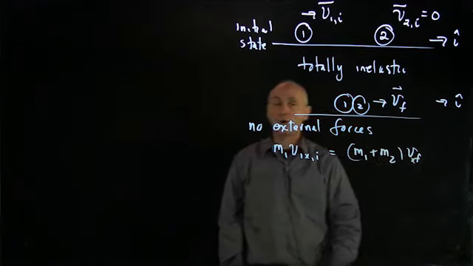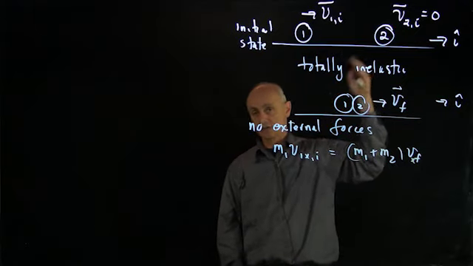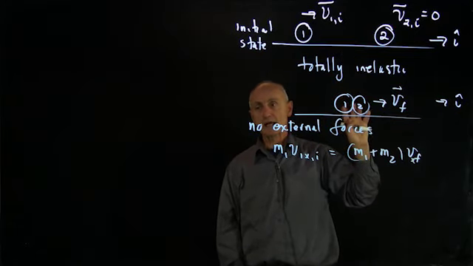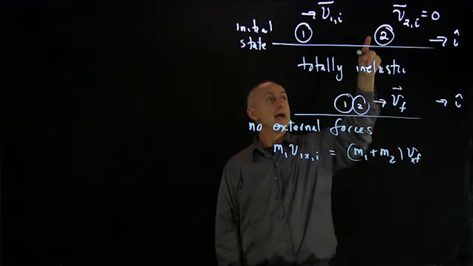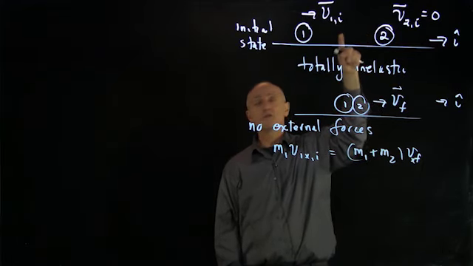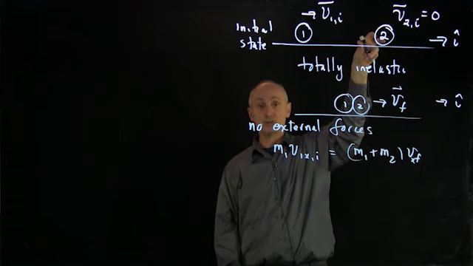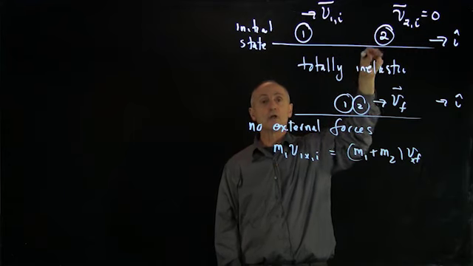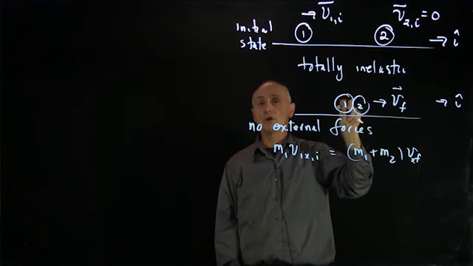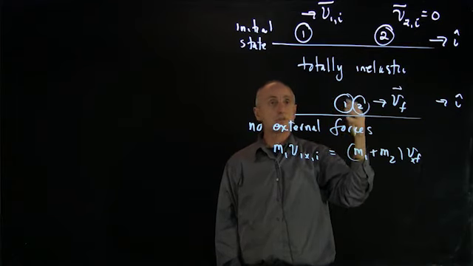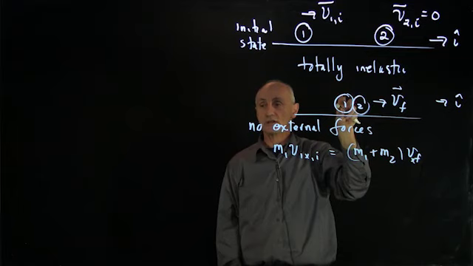And now, is energy constant? Well, in a totally inelastic collision, energy cannot be constant. And the reason is that these internal forces will cause deformations that are irreversible. So the objects might be deformed, which is a loss of some of that kinetic energy going into deformation.